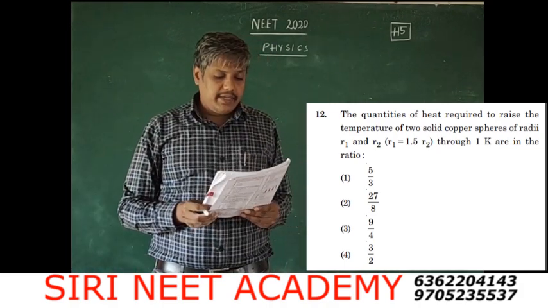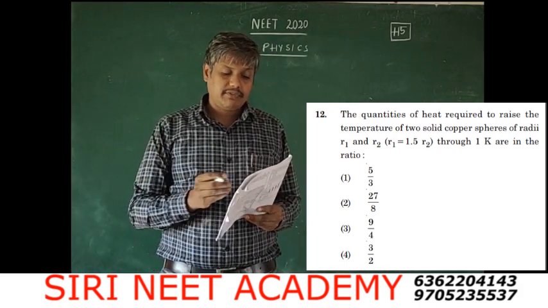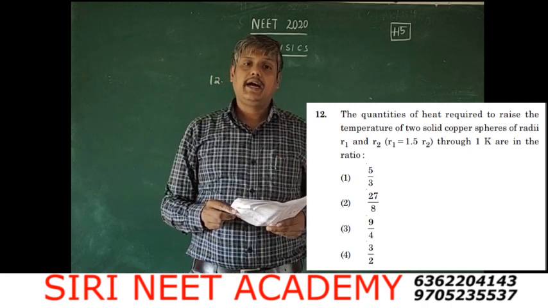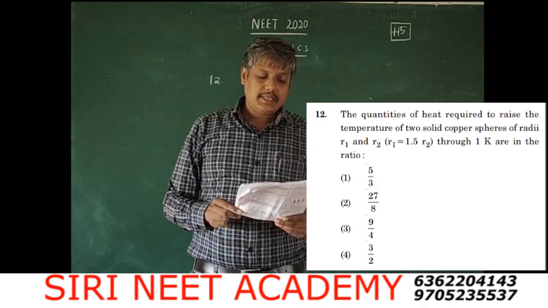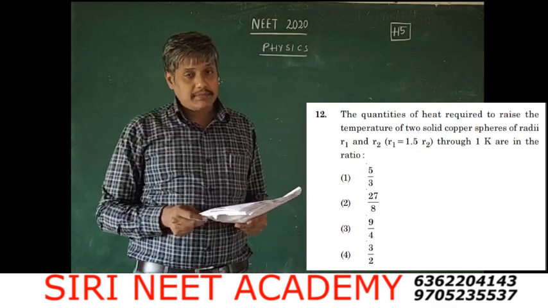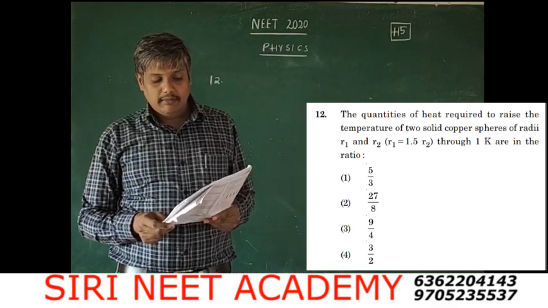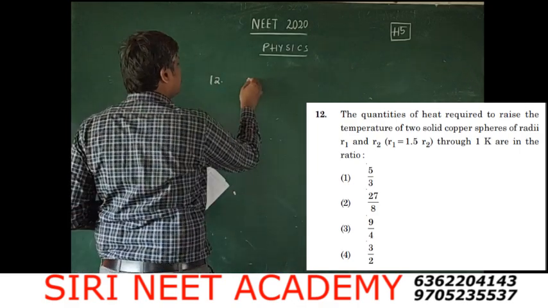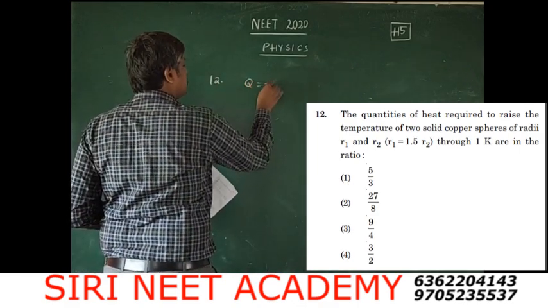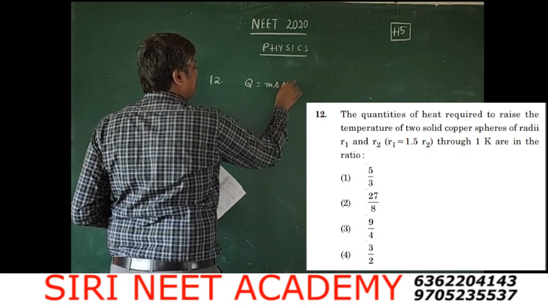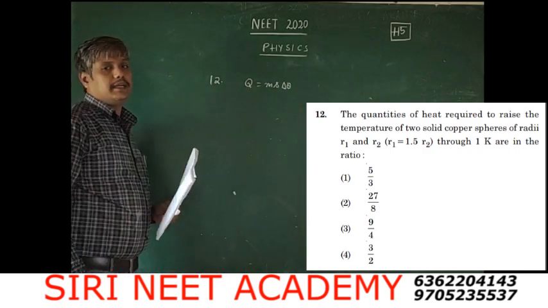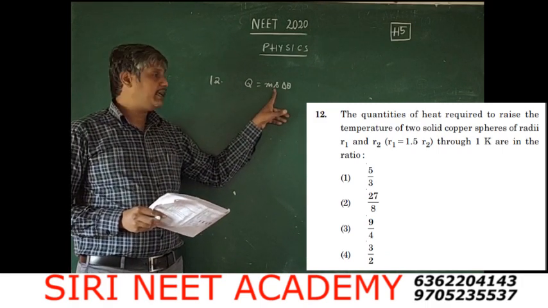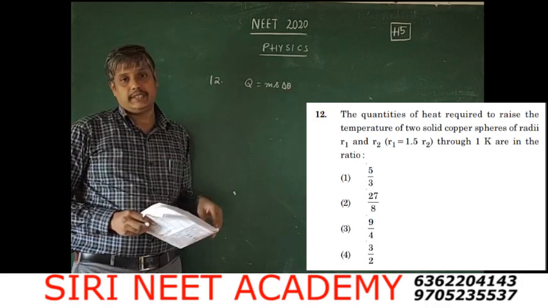The quantities of heat required to raise the temperature of two solid copper spheres of radii R1 and R2 such that R1 is equal to 1.5 times R2 through 1 Kelvin are in the ratio. So we know that the heat required to raise the temperature of any body is given by m s del theta, where m is mass, s is the specific heat of the body, and del theta is the temperature rise.